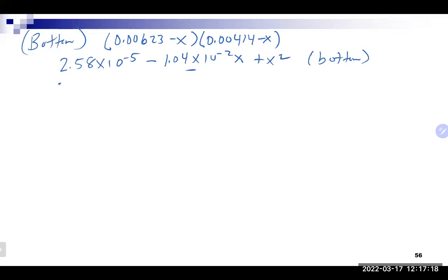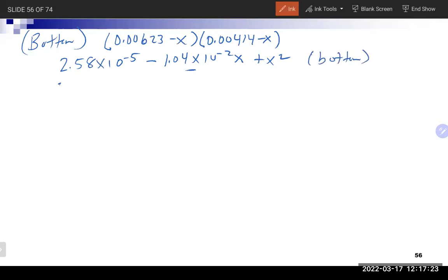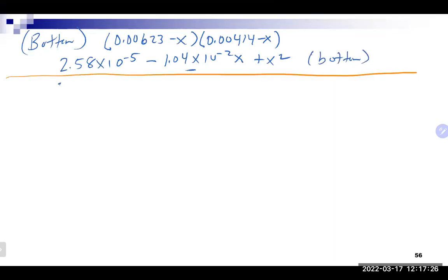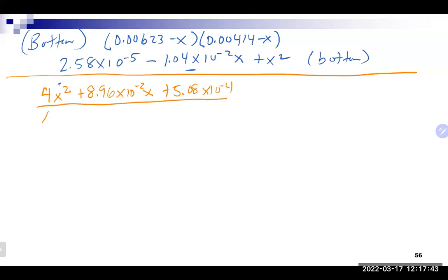Let's put them back together here. Up there on top, we had 4x squared plus 8.96 times 10 to the minus 2 x plus 5.02 times 10 to the minus 4, divided by what we got above there, x squared minus 1.04 times 10 to the minus 2 x plus 2.58 times 10 to the minus 5.